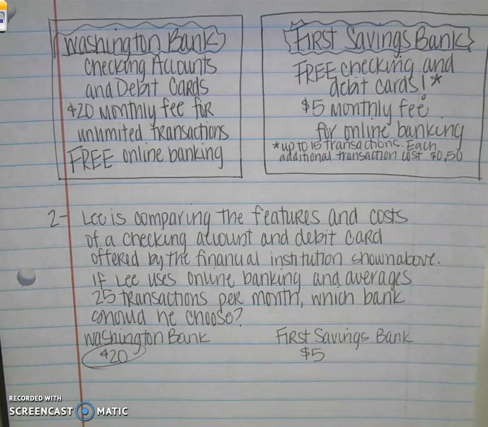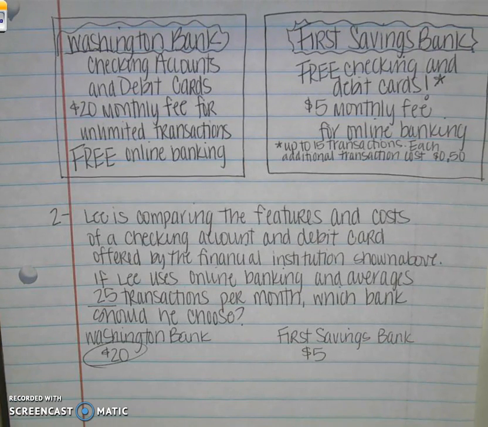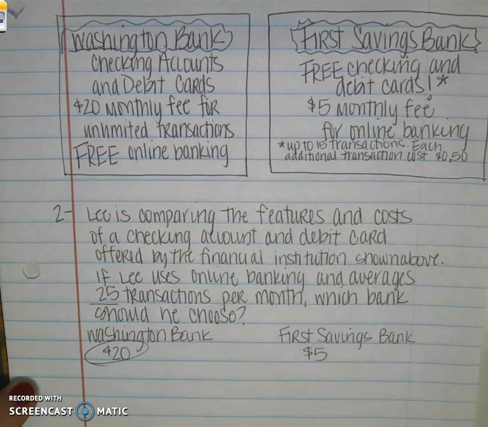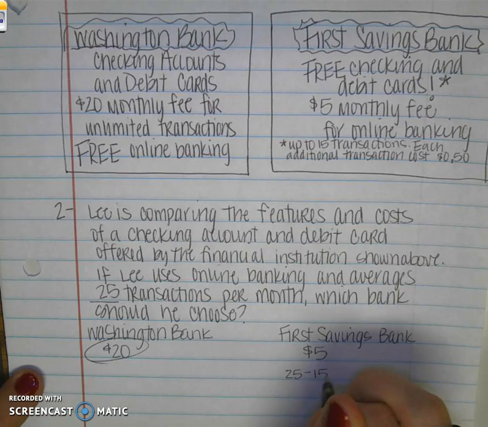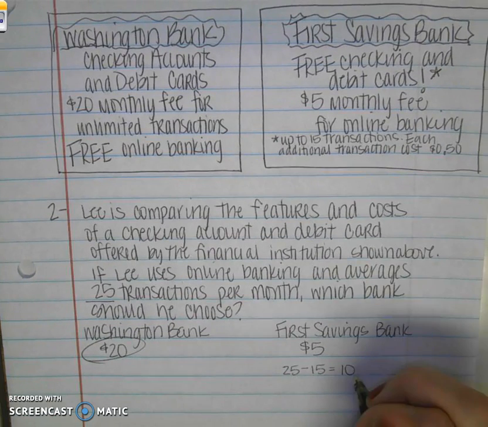He says he has 25 transactions. So at First Savings Bank, I get my first 15 for free. So if I use 25, 15 of them are free, that means I'm paying for 10 transactions. Each additional transaction costs me 50 cents.